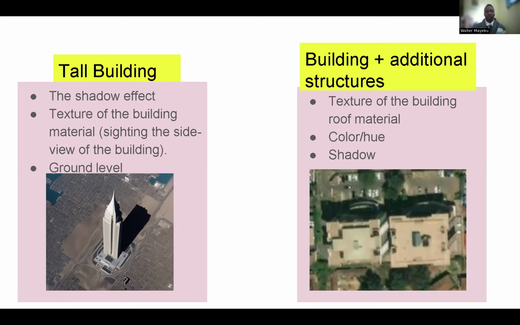So you can identify if this is a side, and how high the building is basically. Then, of course, the other very important thing, which I always recommend, is identifying the ground level, so that it can help you to see the difference between the top of the building and the rest of the ground level.